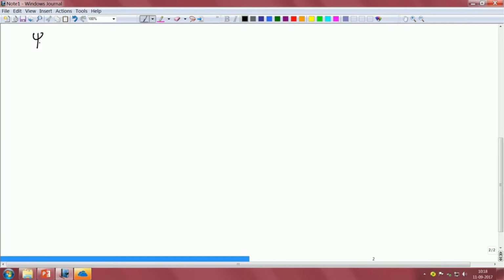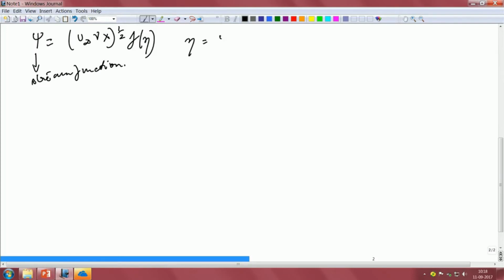Now, following our old similarity transformation, we can write something like this here, where this is nothing but the stream function. And eta is of course the same as the similarity variable we had earlier. So v, that means the vertical component of the velocity, becomes something like this.